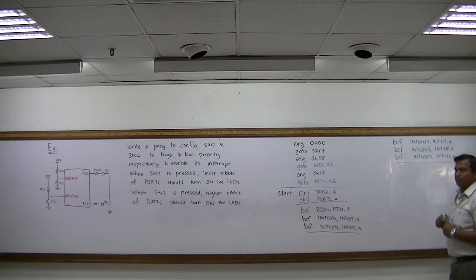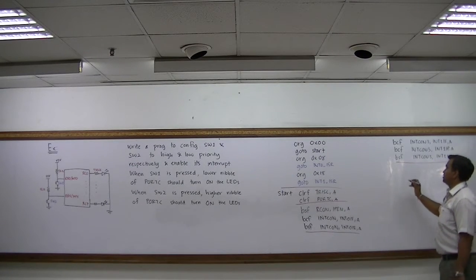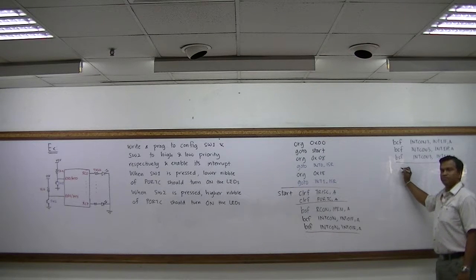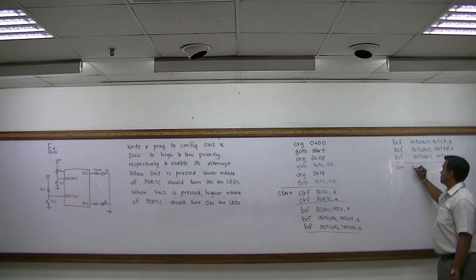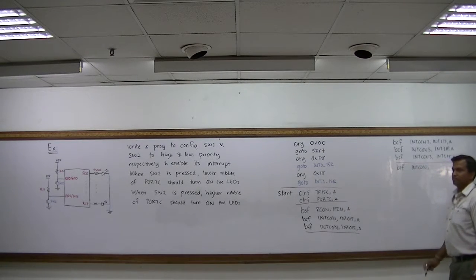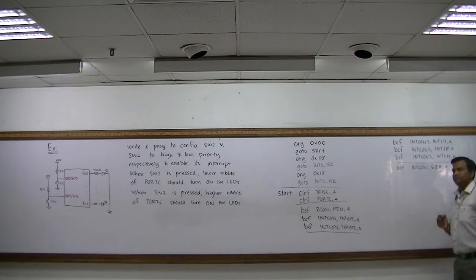Now we also need to set the global one, right? So what do you need to do? GIE or GIEH? Is it done?